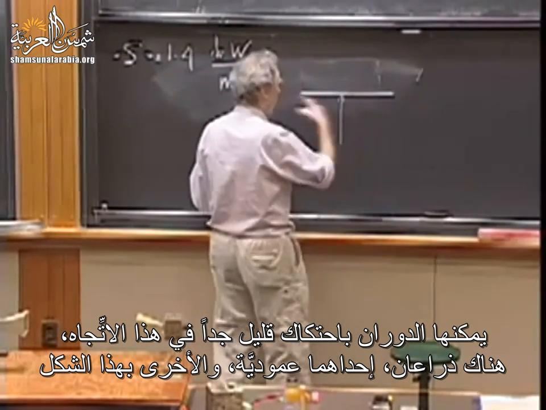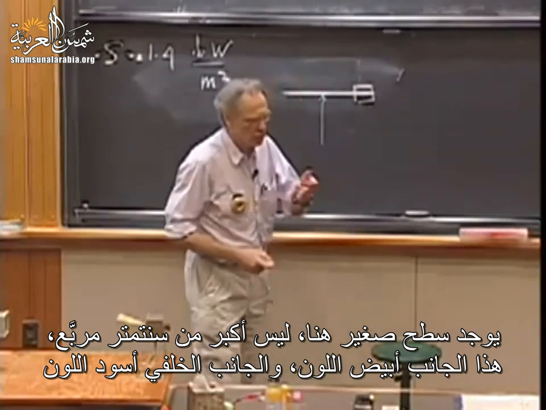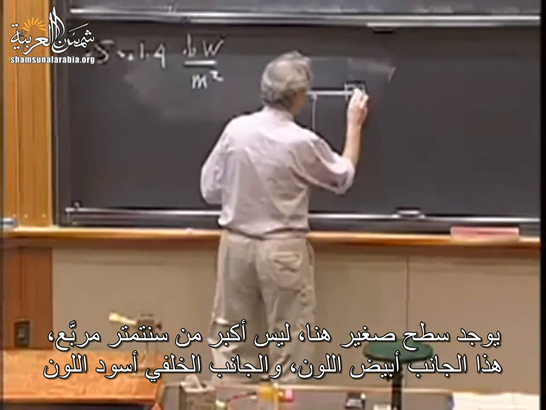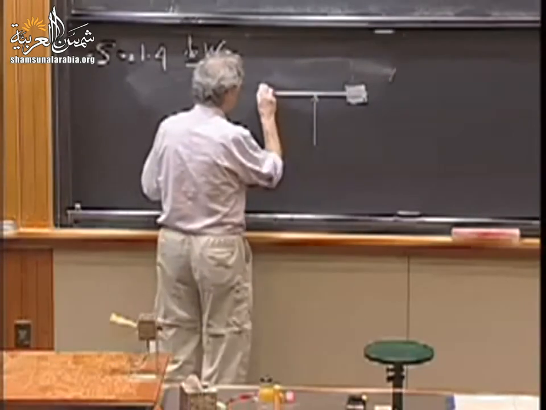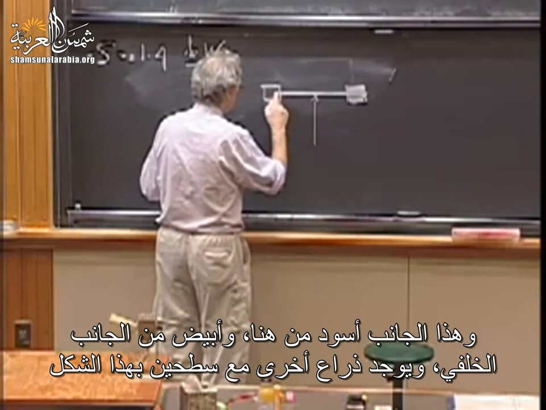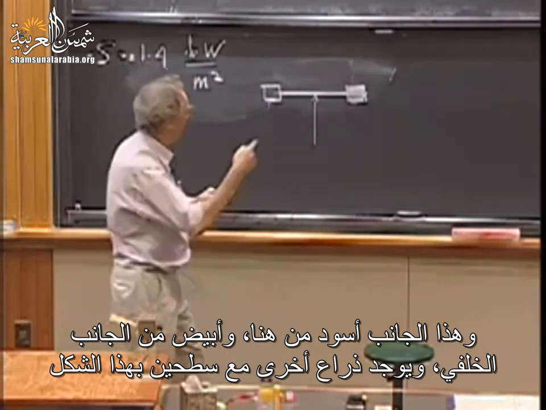And here is a little surface, no larger than a square centimeter or so. This side is white, and the back side is black, and this side is black, and the back side is white. And then there is another one like this.